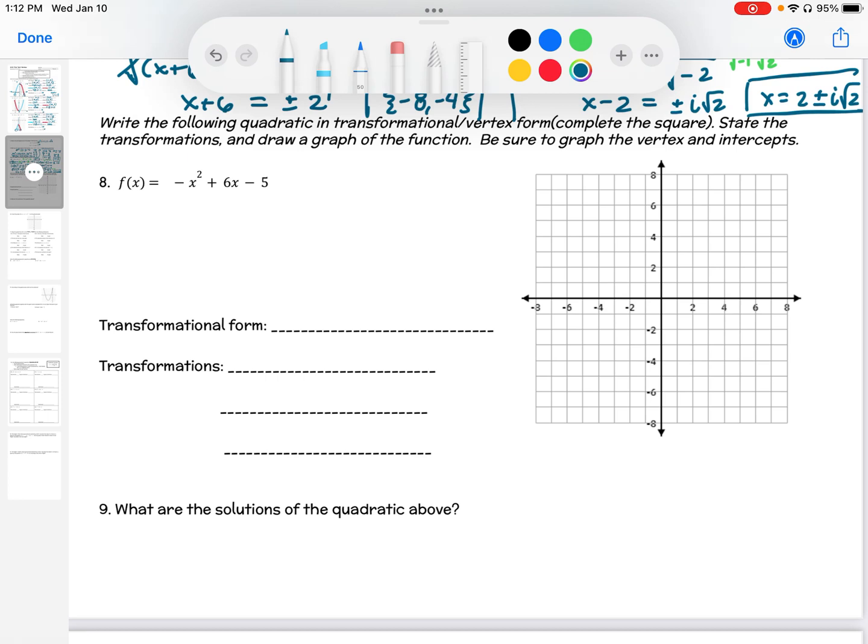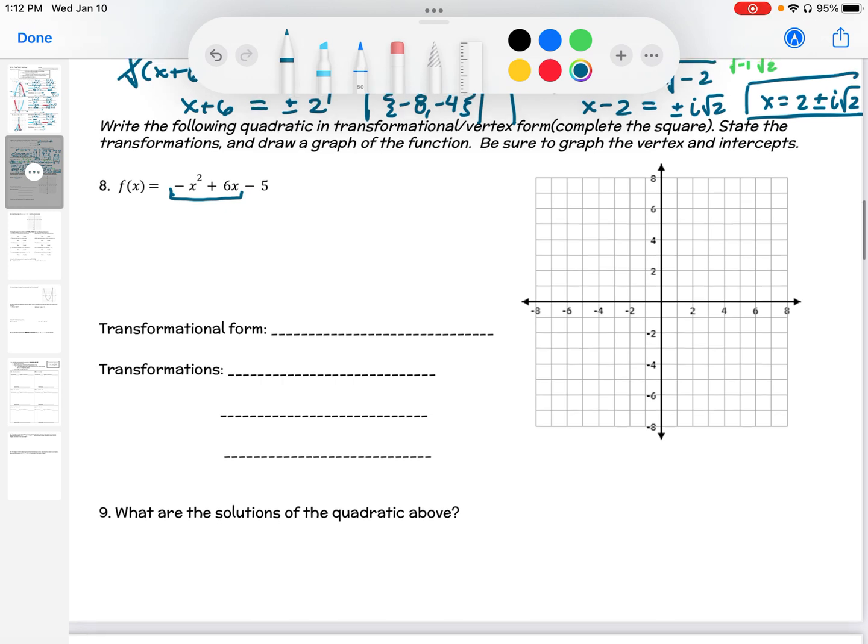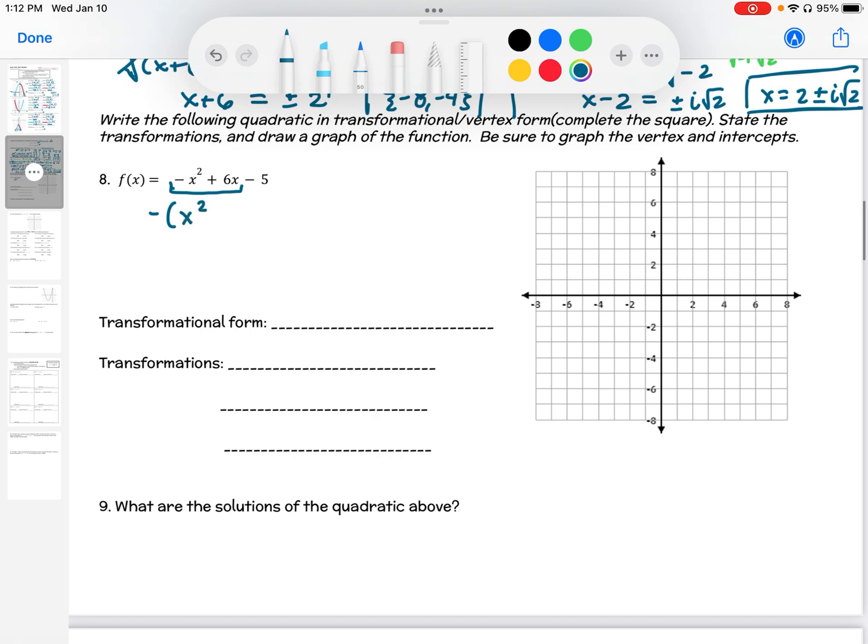So first thing I'm going to do is group my first two terms together and look for just the numerical GCF. So I'm going to have just a negative on the outside. And we're going to have x squared minus 6x plus blank. That minus 5 stays on the outside, minus blank.